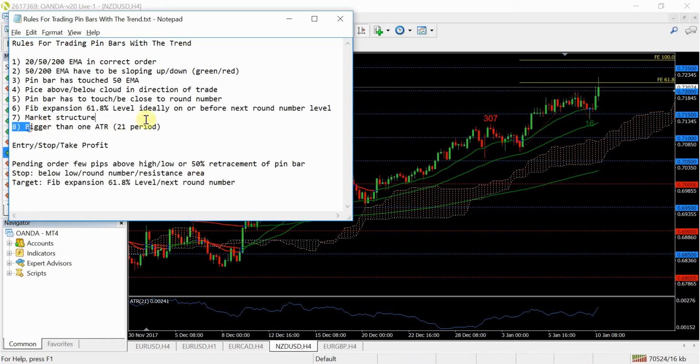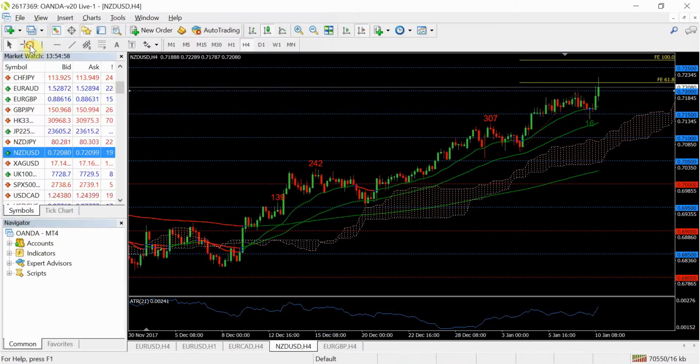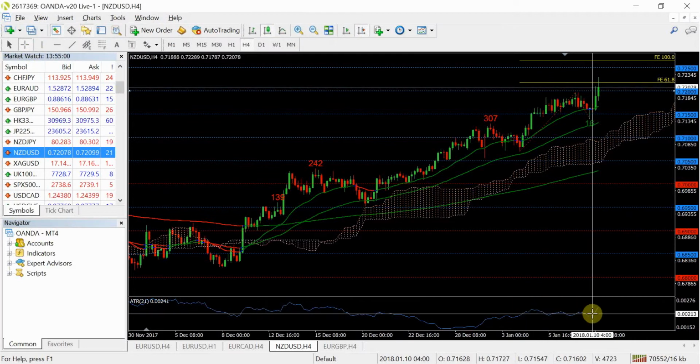And this is a new one that I'm speaking to a few traders about in terms of pin bars and my research, and something that I'm going to look to incorporate. Again, it probably wouldn't be the main factor, but it would be great if it did: that the pin bar is bigger than the current ATR of 21 periods. So have a look at this bar.